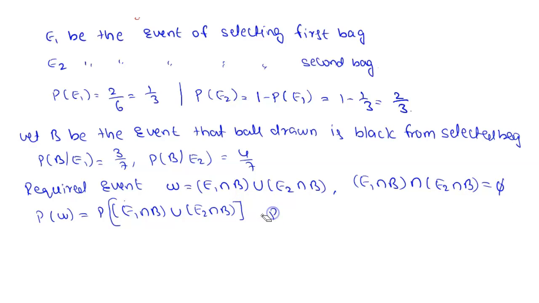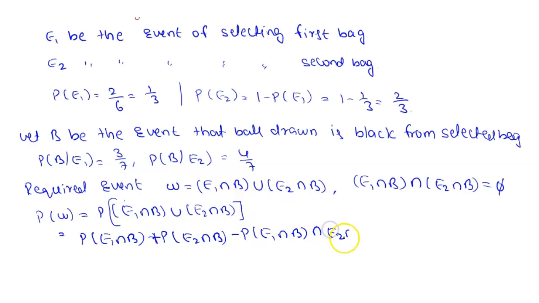By addition theorem we can write, and here E1 intersection B intersection E2 intersection B is empty. So by addition theorem, this is equal to P of E1 intersection B plus P of E2 intersection B minus P of E1 intersection B intersection E2 intersection B. This value is 0 because the intersection is empty.